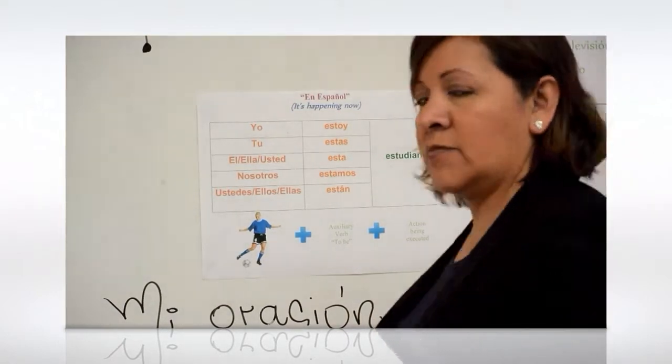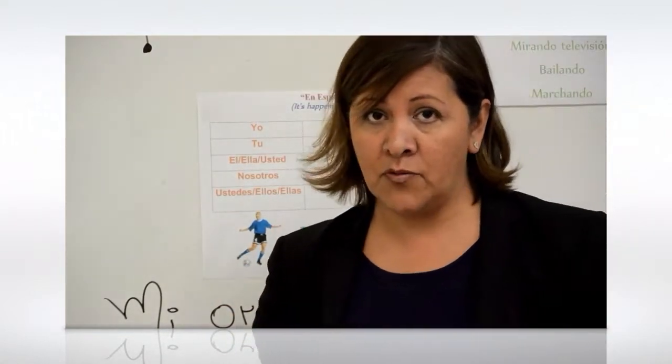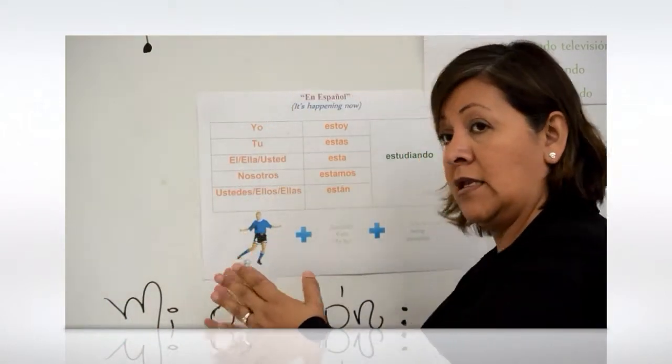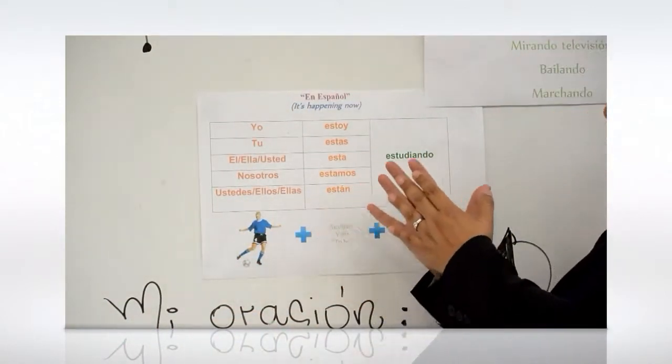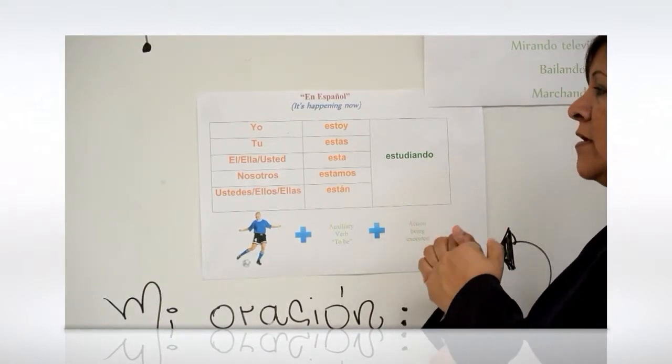It's an action that is happening right now. Example, in order to create a present progressive tense, you need your person, then you need an auxiliary verb, and you need your verb, your action word.